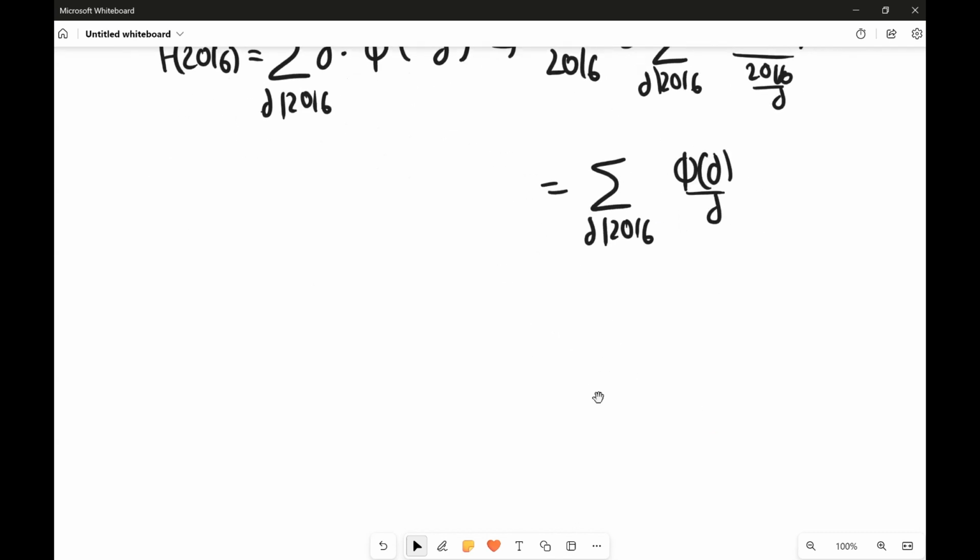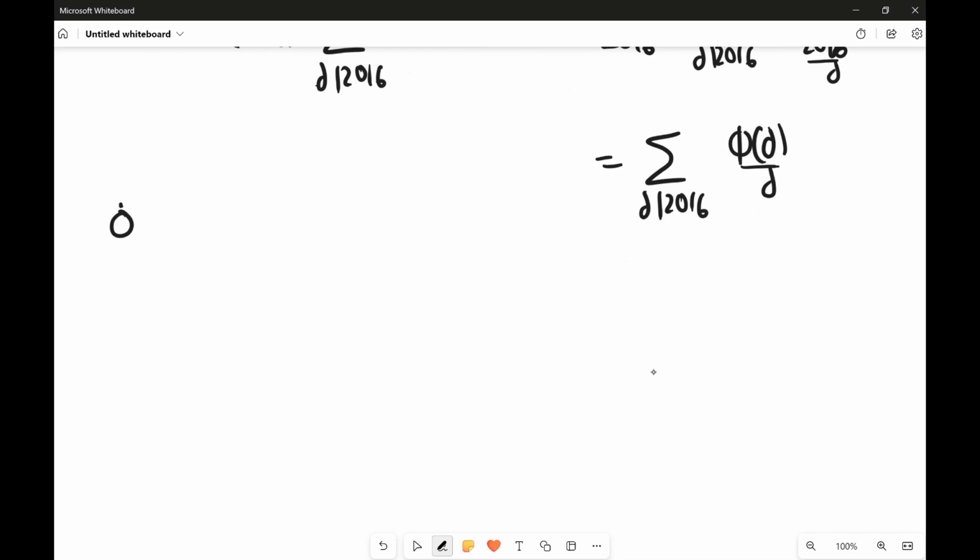To find out this sum, I'll first claim that phi of AB is equal to phi of A times phi of B. I won't prove this here because the proof is kind of complicated.